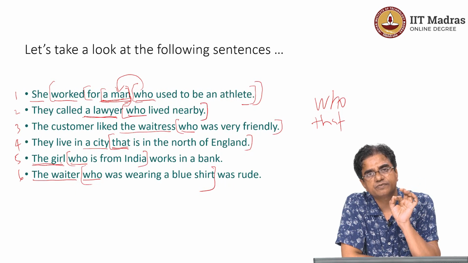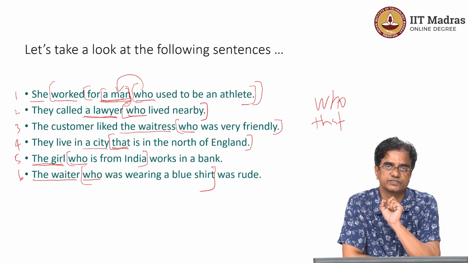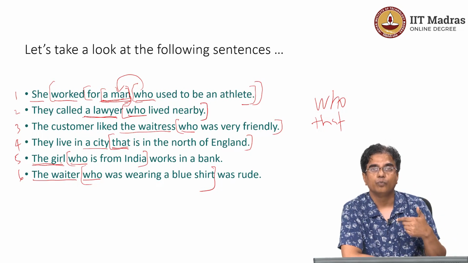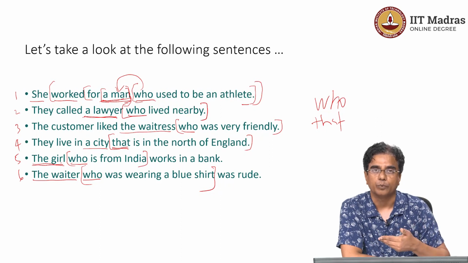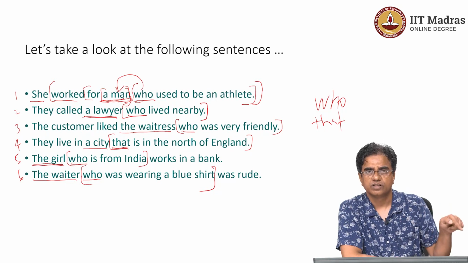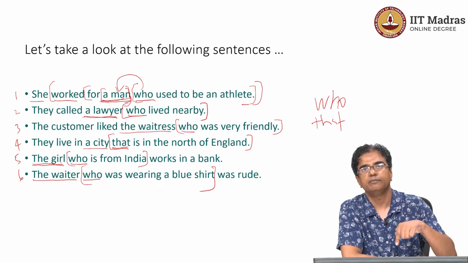Irrespective of the position of the noun, a noun in a sentence in English can be modified by a relative clause. And it is the nature of the noun which decides the nature of the relative pronoun. Like we use he for animate masculine and her for animate feminine.